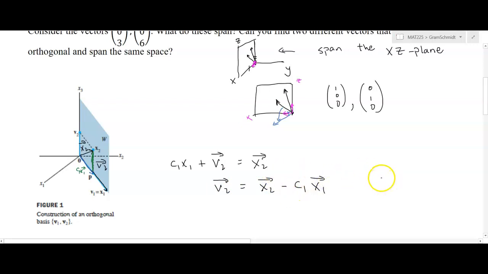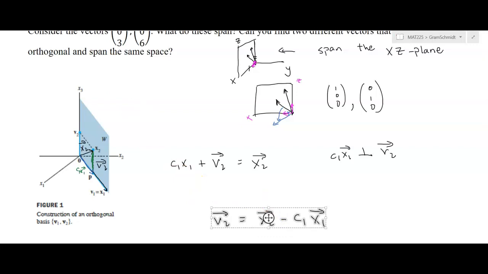Now x1 and x2 are not perpendicular, but what I do know is that if I do that, c1 x1 and v2 are going to be orthogonal. So c1 x1 is orthogonal to v2. And therefore, what I'm allowed to write is, I probably shouldn't have written this quite yet.